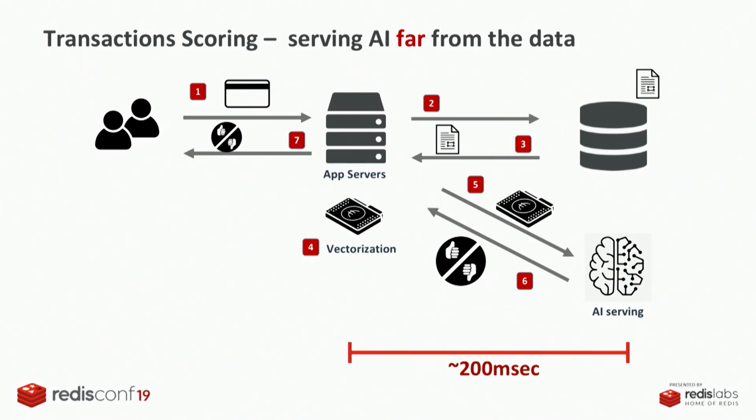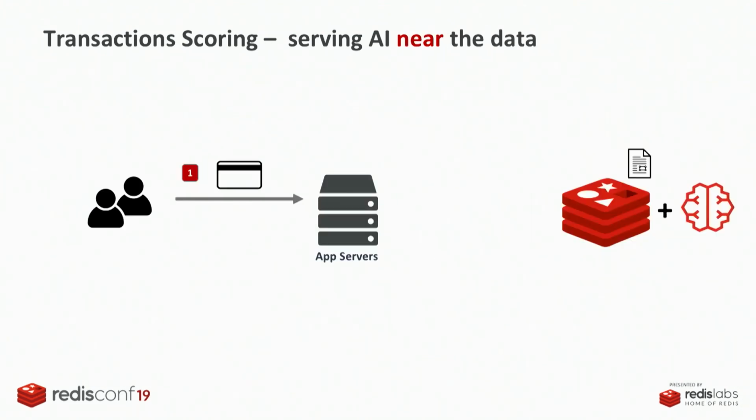Now let's see how you can do the same thing with RedisAI. Here, all the users, merchants, and geo profiles, etc., will be hosted in Redis, and the decision algorithm will be in RedisAI.